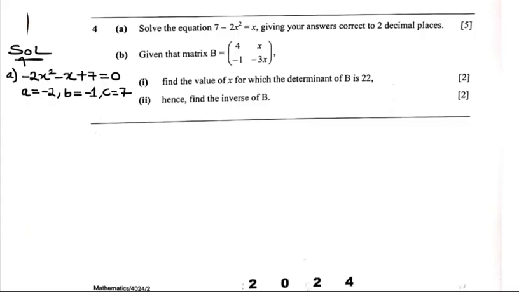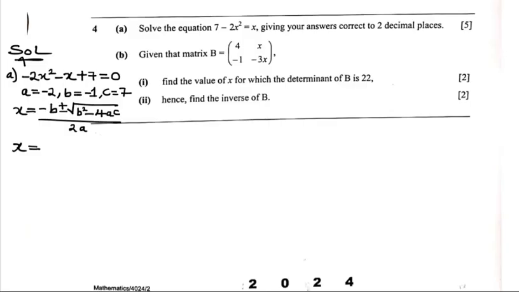So now the formula to use to get the values of x is written as follows. Negative b plus or minus the square root of b squared minus 4ac, then everything over 2a.